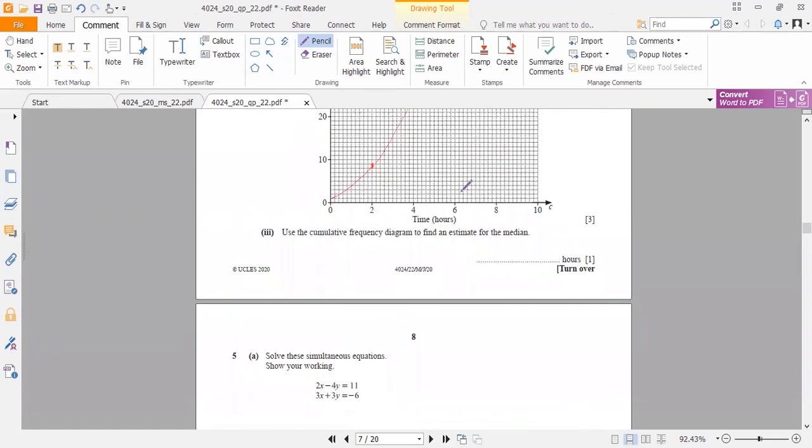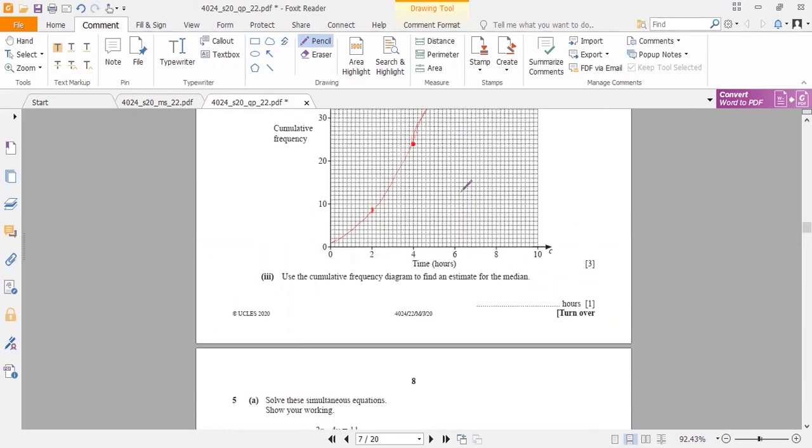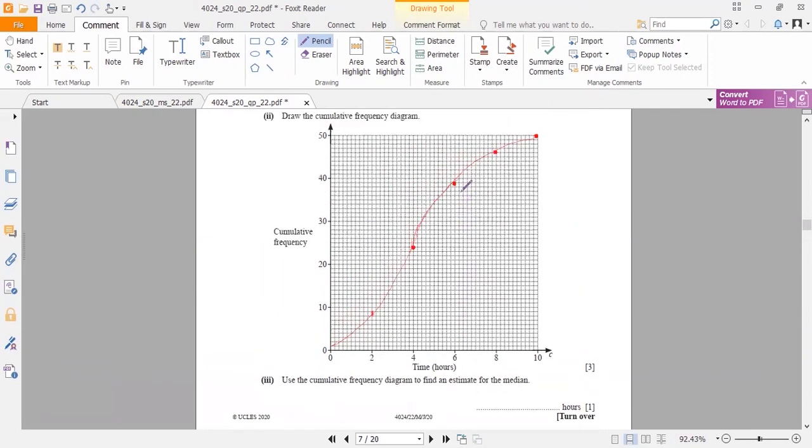Now use the cumulative frequency to find the estimate for the median. Median means the total is 50, and 50 divided by 2, it will be 25. So we need to find out the value at 25.